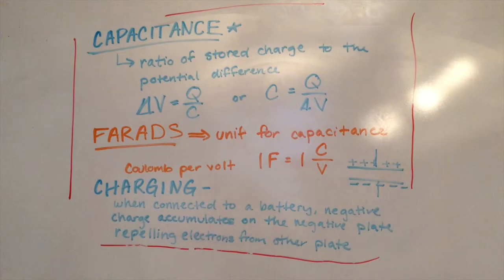Once the capacitor is fully charged, which is when the voltage of the capacitor is equal to the voltage of the battery, then electrons will flow across the dielectric to the positive plate, and the circuit will run as usual. During this period, the capacitor creates an electric field in the dielectric. This field polarizes the molecules in the dielectric, causing a thin layer of positive charge over the negative plate and a thin layer of negative charge over the positive plate.